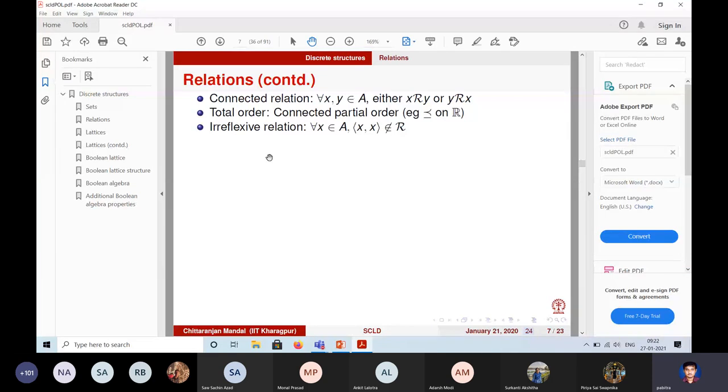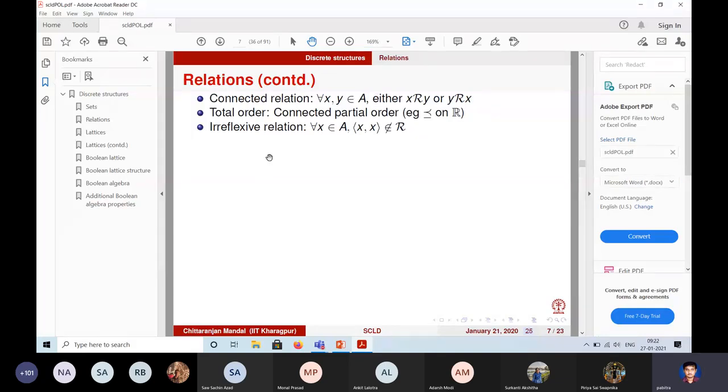Let me talk about some other properties that will hold. For example, there is something called an irreflexive relation. That means that in the diagram that you saw, the self loops are not there. X is never related to itself.